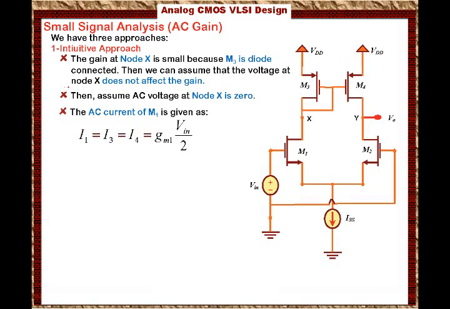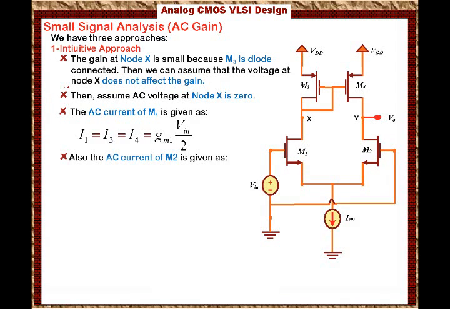This is very powerful because what it says is the AC current in M1 is transformed to M4. We used the steering concept, right? So we steered the AC current from M1 to M4, and the AC current in M4, which is I4, is nothing but gm1 times Vn over 2.